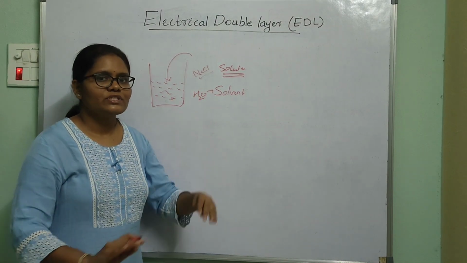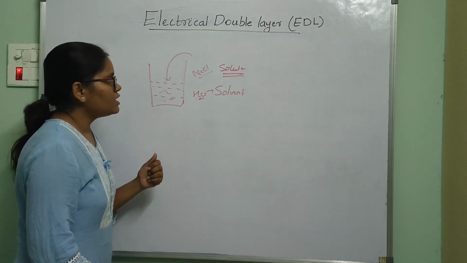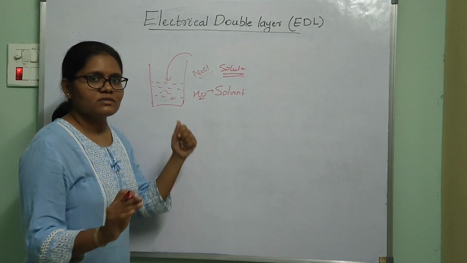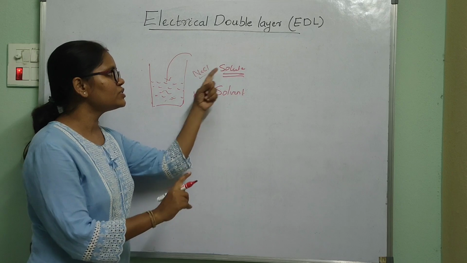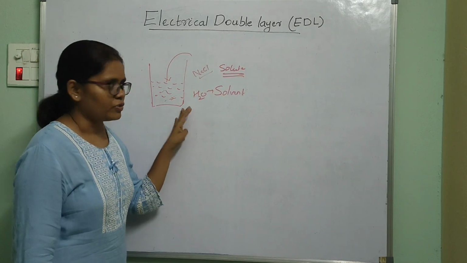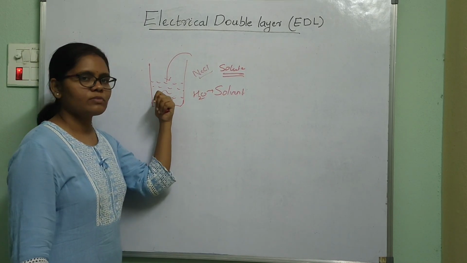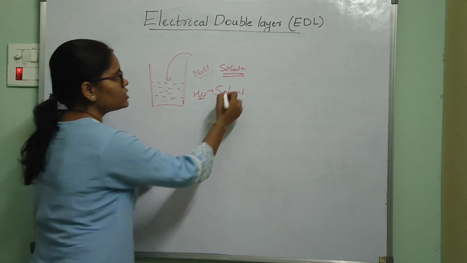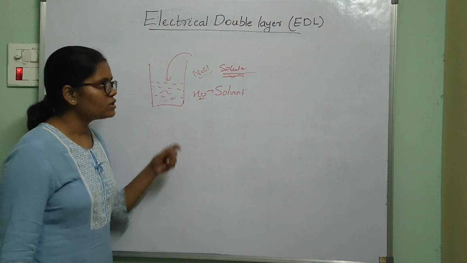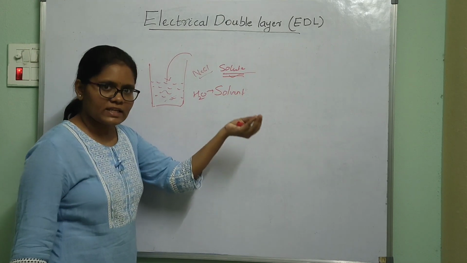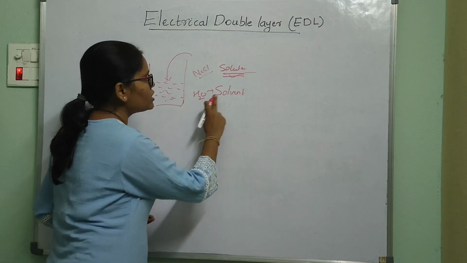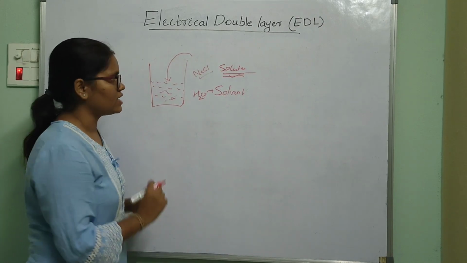Okay, let me not use the term homogeneous. I'll tell you why I am not using homogeneous. Just define solution as a mixture of two or more components. Here we have two components, sodium chloride and water. So here sodium chloride is the solute because it is taken in less quantity, and water is the solvent because it is taken in large quantity.